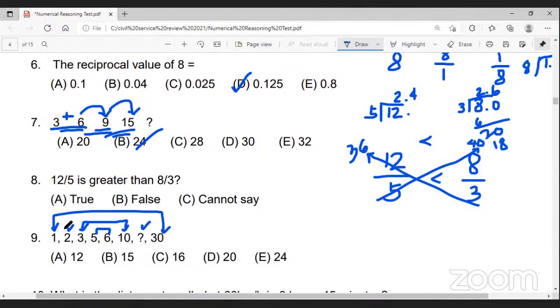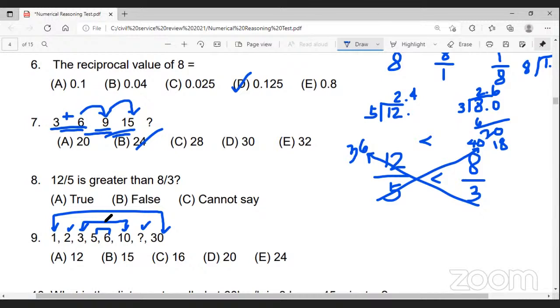Mark, 1 and 30. Multiply 1 and 30, 30. 3 and 10, is it 30 also? 5 and 6, 30 also. Try to pair the very first and the last term, the third term and the third to the last, the inner. Yes, the first and the last.